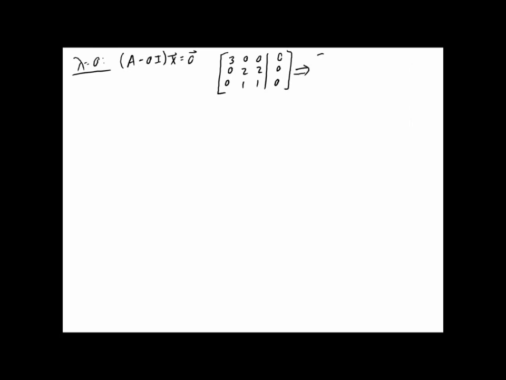Okay, I'm going to divide the top row by 3. Divide the middle row by 2. And the bottom row is just going to disappear. And so I'm getting that x1 is 0, x2 is equal to negative x3.